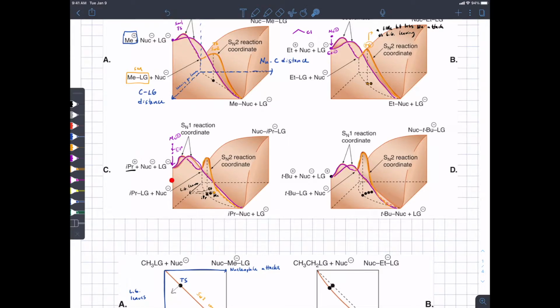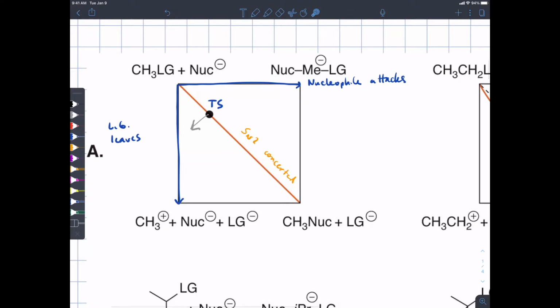But as we lower it, the transition state sort of gets pulled towards that corner, and that effect, if you lower the energy of this corner, then the transition state moves toward that corner perpendicular to the concerted pathway.